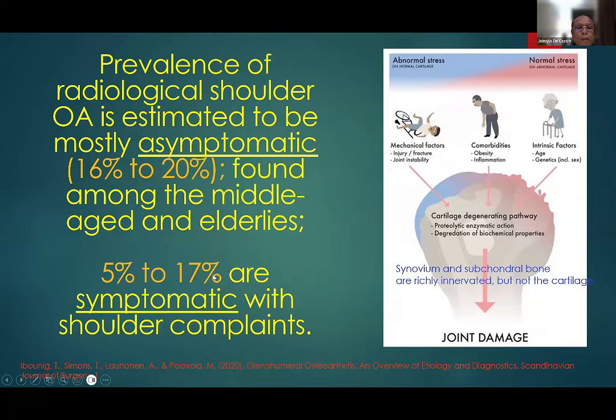And 5% to 17% of these conditions are symptomatic with shoulder complaints. So patients would come to you with shoulder pains, and they would like to have you assess them.